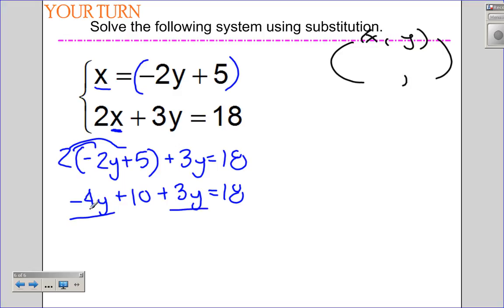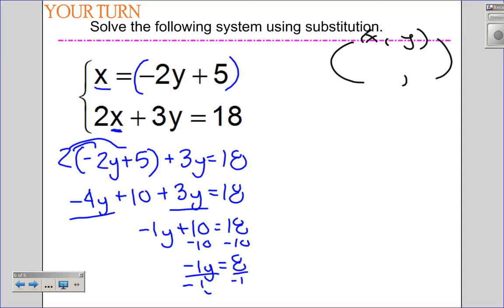Combine my like terms. A negative 4 plus positive 3 will give me a negative 1y plus 10 equals 18. Subtract the 10 from both sides. Negative 1y equals 8. Divide by negative 1. And y equals negative 8. So I have half of my answer. It's negative 8.